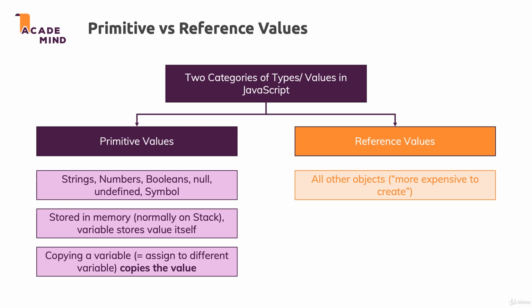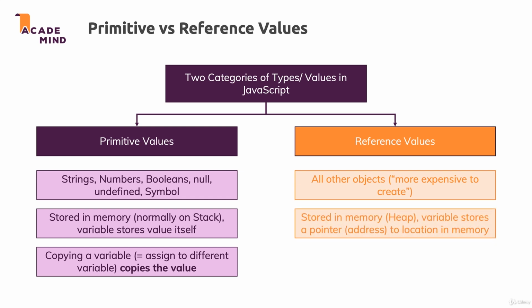These objects hold a bit more data than just a couple of characters or a single number. They're more complex to manage, and therefore creating them takes longer, occupies more memory, and so on. Therefore, the browser typically stores these in the heap, but again, the exact allocation logic is something the browser is responsible for, not you or JavaScript.